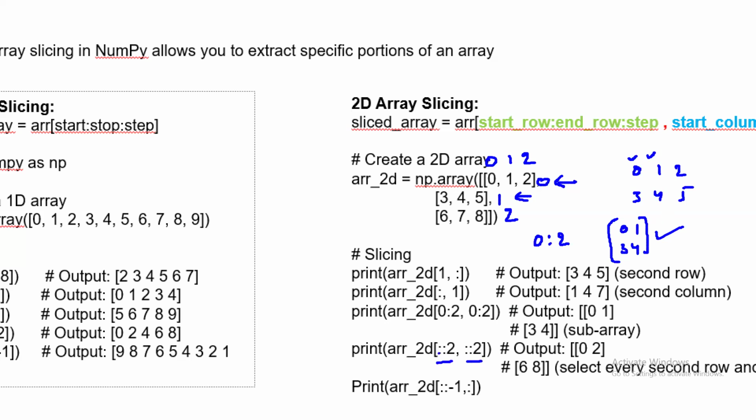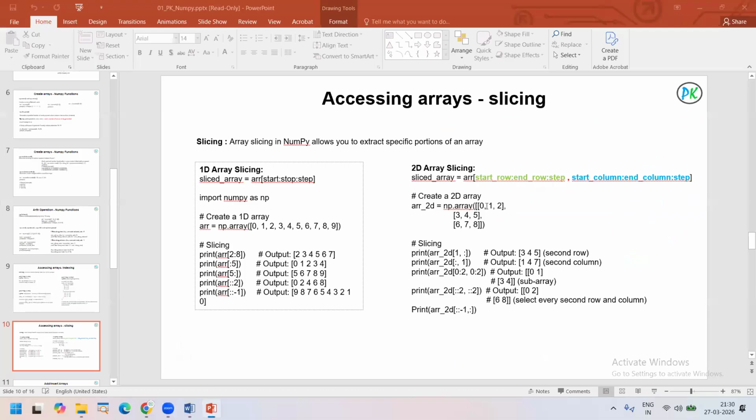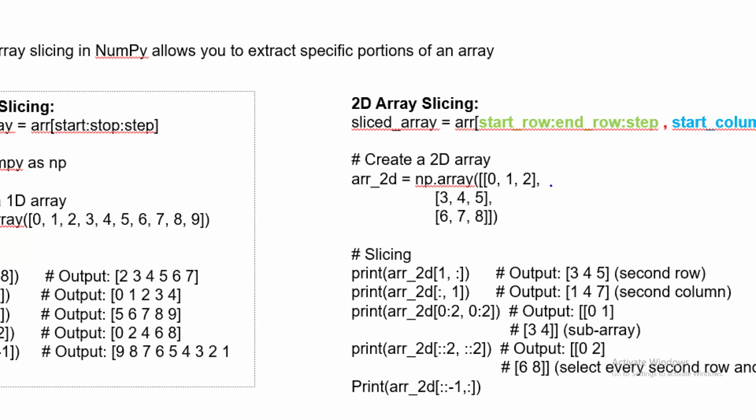Here I take all the rows and all the columns, but I want to jump by step 2. What happens? Here I want to take all the rows and all the columns, 0, 1, 2, 3, 4, 5, 6, 7, 8.